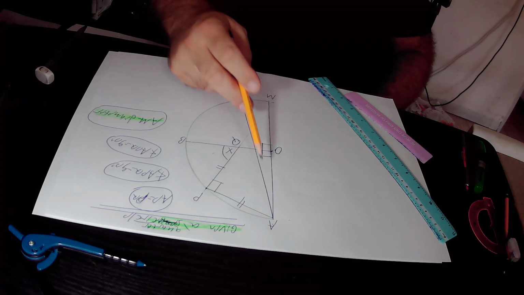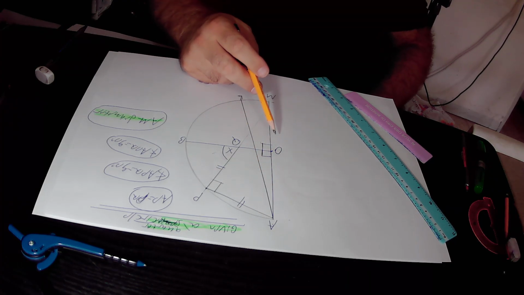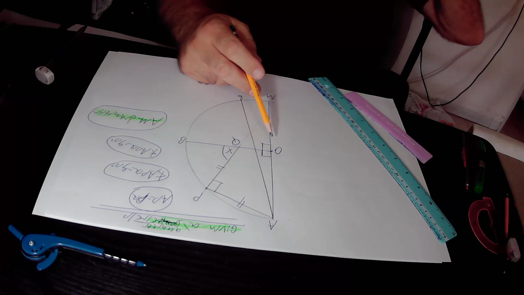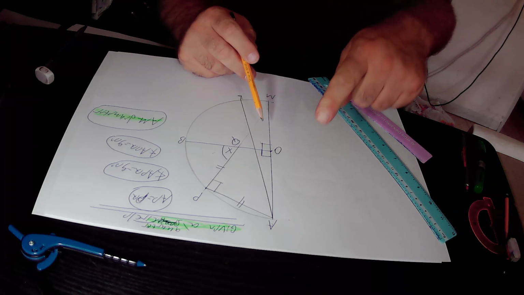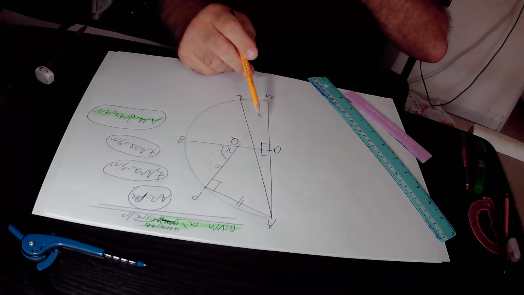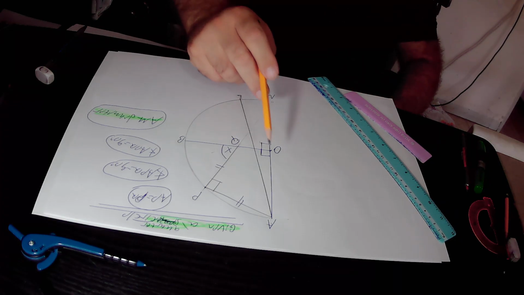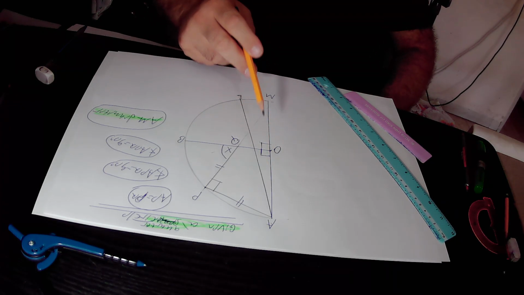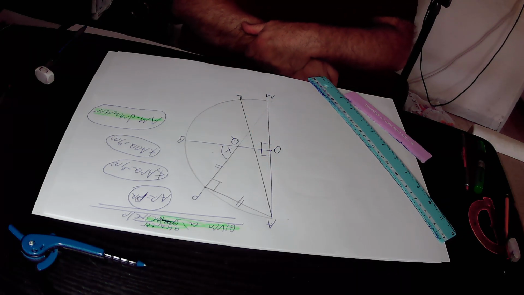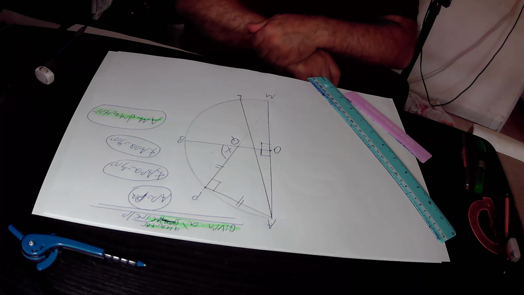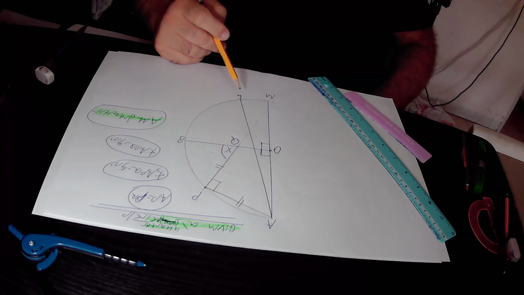Because chord AL doesn't pass through point O, the center of the semicircle, and we know that only a chord that passes through the center of the circle or semicircle can be the diameter. AL doesn't pass through point O, therefore AL is not the diameter of the semicircle. This is a contradiction to rule 5 because peripheral angle APL is a right angle.